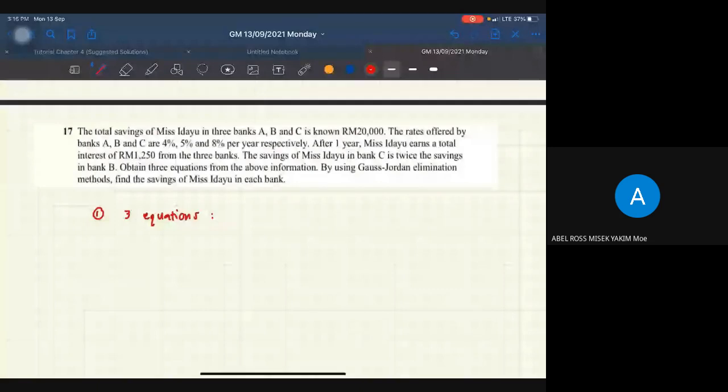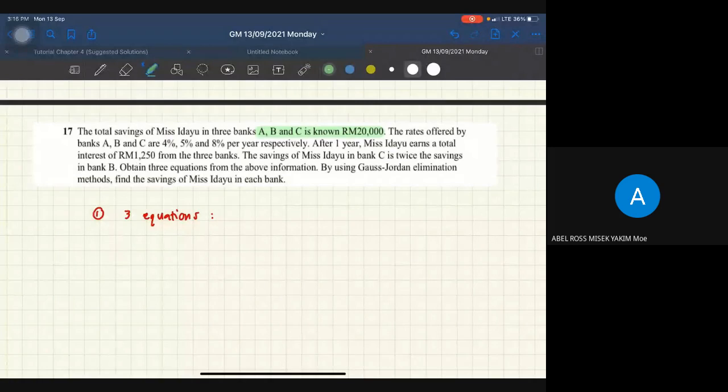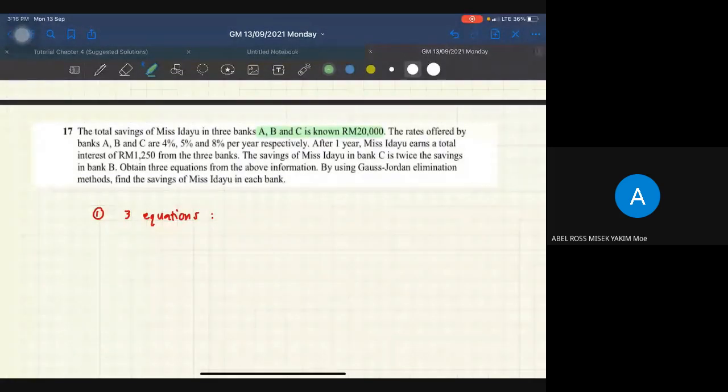Okay, so kat situ dia cakap the total savings of Miss Idayu in 3 banks A, B and C is known to 20,000. Wow, banyak gila. So dia ada total kat sini 20,000. And then the rates offered by banks A, B and C are 4%, 5% and 8% per year respectively.